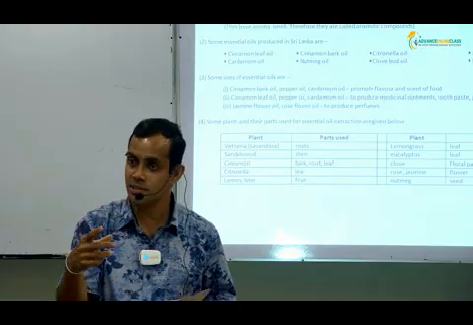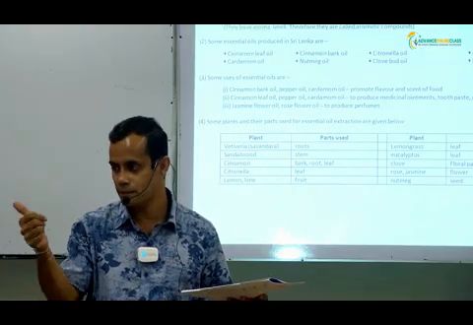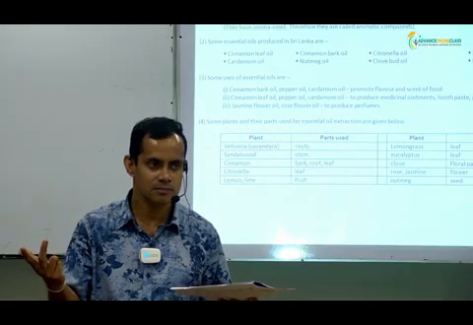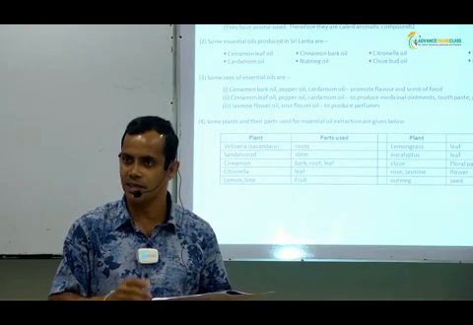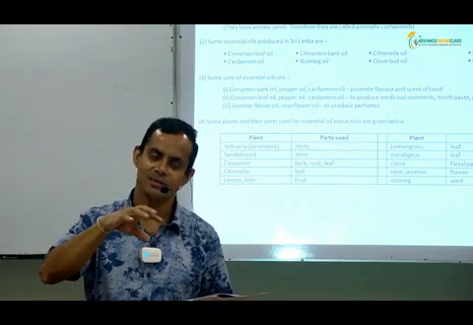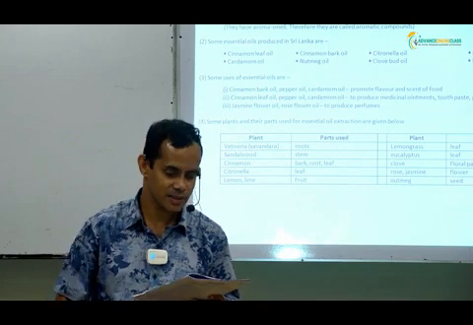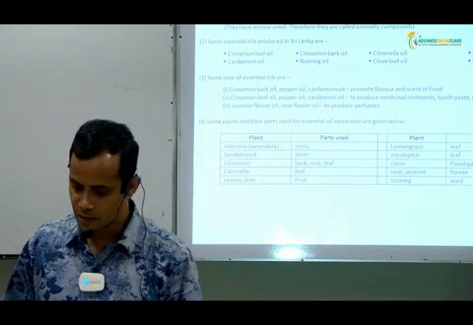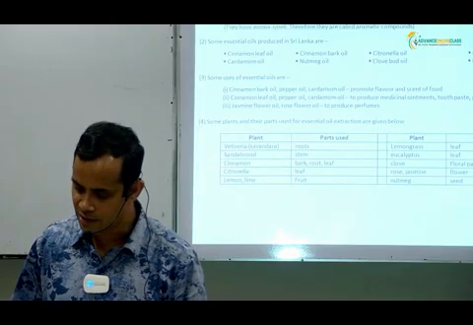Some essential oils are used to produce certain things like perfumes, soap, pharmaceuticals, toothpaste. Remember that way. Cinnamon bark oil, pepper oil, cardamom oil promote flavor and scent of food.